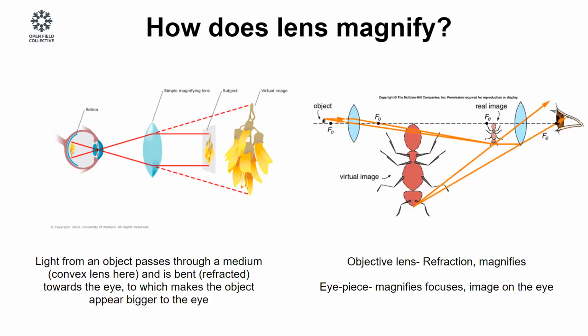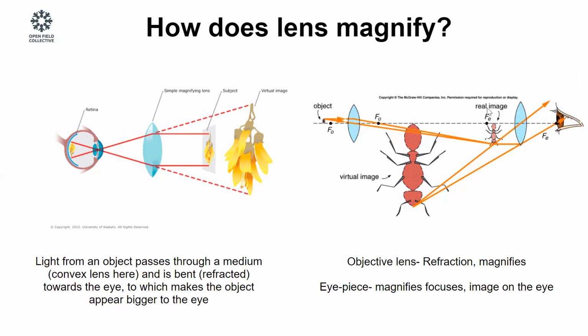The same principle was used by people to make slightly more complex microscopes. Instead of using just one lens, it's a combination of two lenses. One is referred to as an objective lens, which is the lens much closer to the object. The object here is an ant.